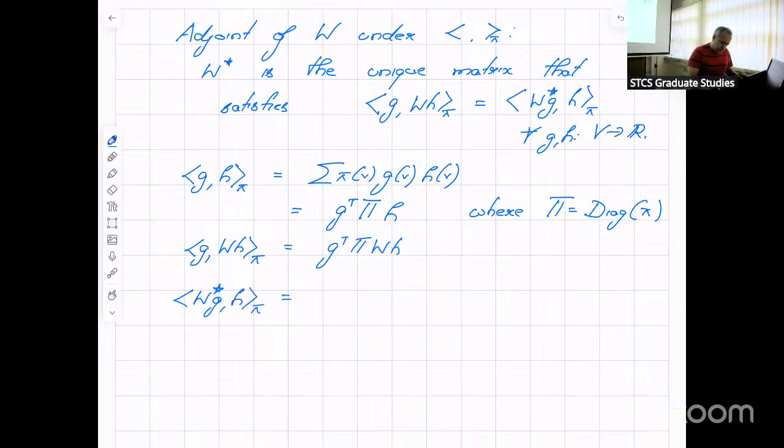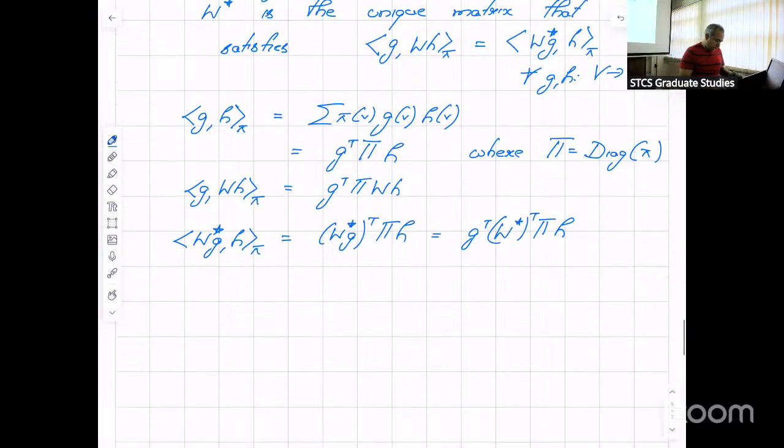This is (W star G) transpose pi H, which is G transpose W star transpose pi H. So for all G and H, these two must be equal, which means as two matrices, those two should be equal.